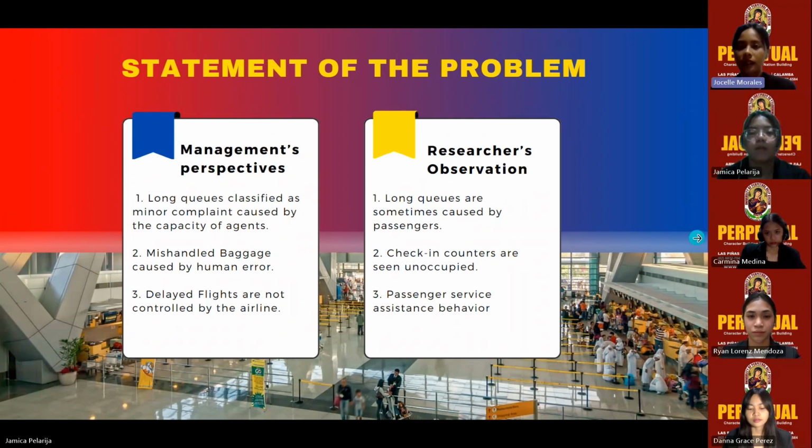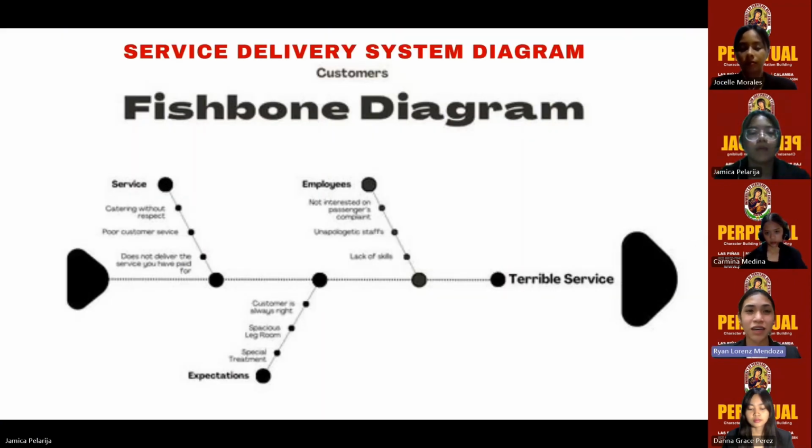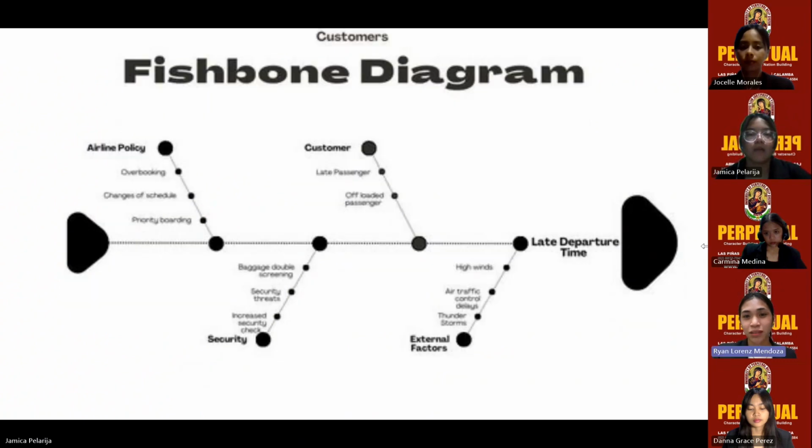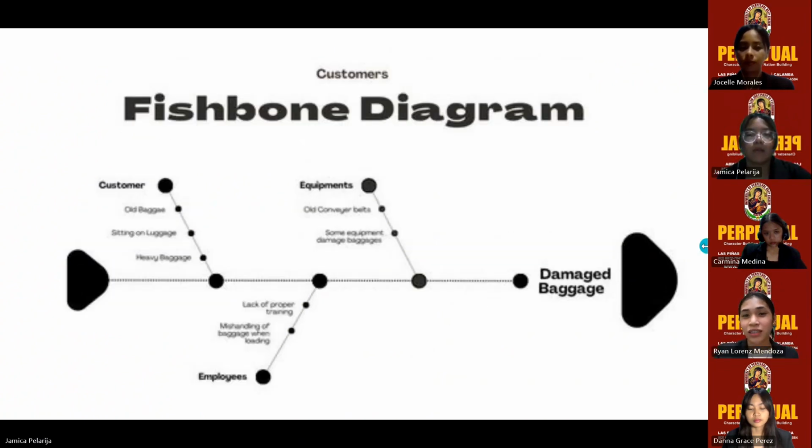Next reporter, please. Moving on, we have the service delivery system diagram. Here we have the customers' fishbone diagrams. First is terrible service. Second is late departure time. Then lastly, for the customer fishbone, we have damaged baggage.